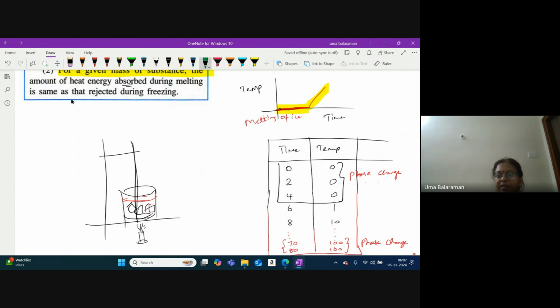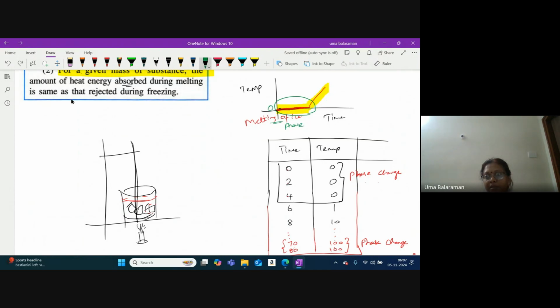The thermometer does not record any increase in temperature. It stays at 0 degrees Celsius. Only when all the ice is melted, only when the phase change is complete, then the temperature starts increasing.